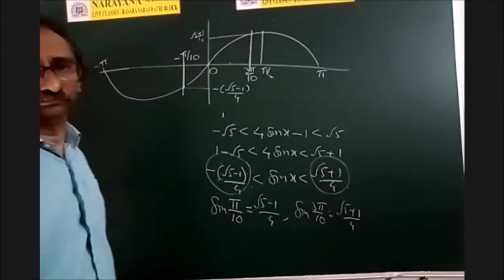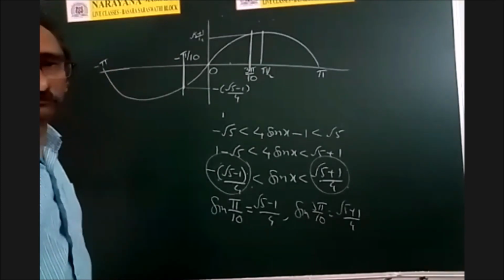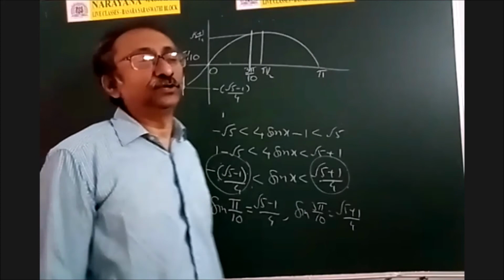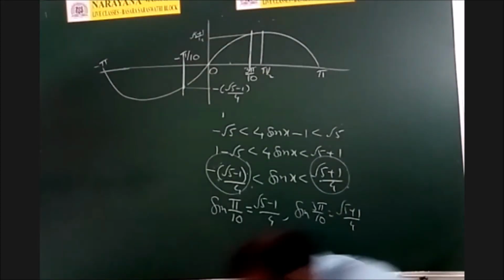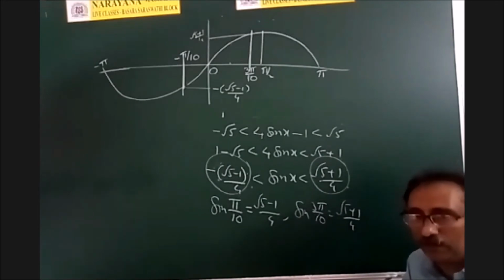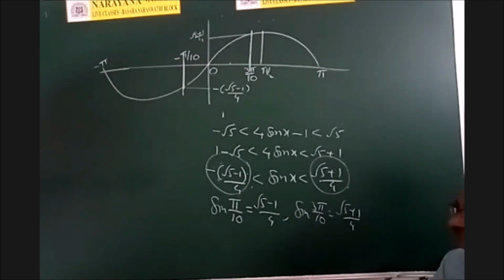That is my question. Now you observe, I will give you 1 minute time. Is there any other interval in which sin x values lie in between those two numbers?